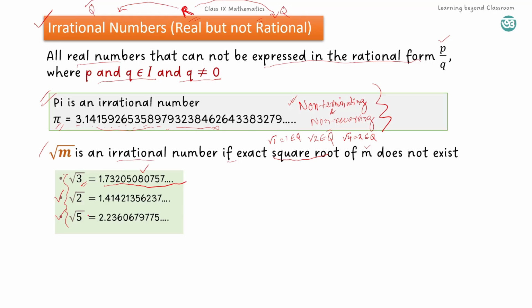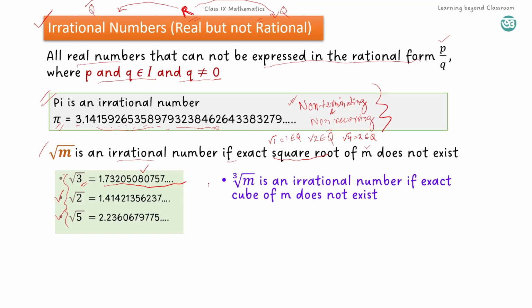Cube root of m is an irrational number if the exact cube root of m does not exist. Cube root of 2 is an irrational number.